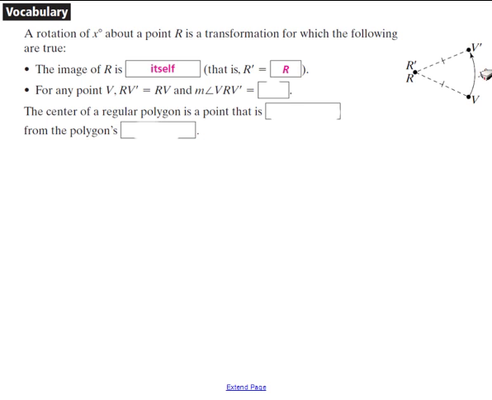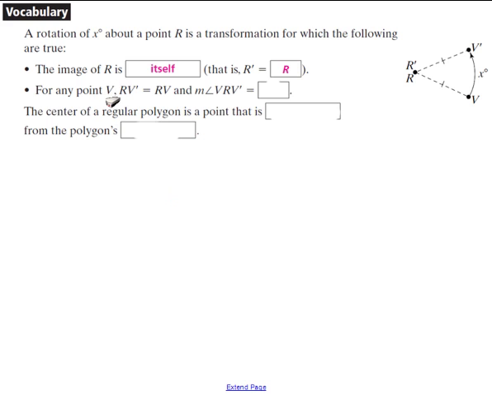around a certain angle, so we could measure this angle, and that would be the angle that we rotated V around the point R. So whatever point is staying put, that's the point that you're rotating about, your point of rotation, and the angle that we rotate another point, so if we took V from here up to here, would be the measure of this angle in the middle here.